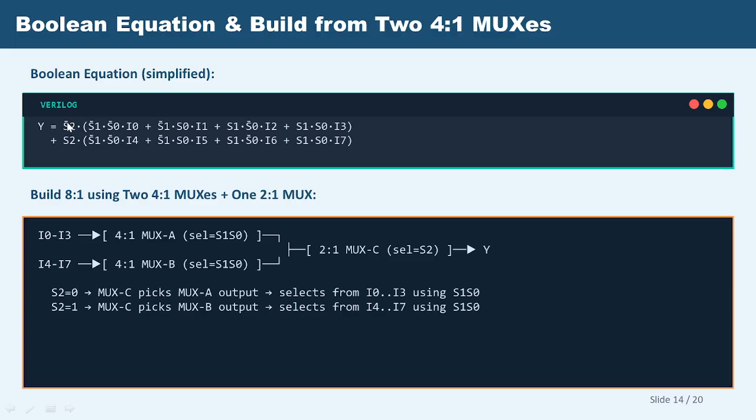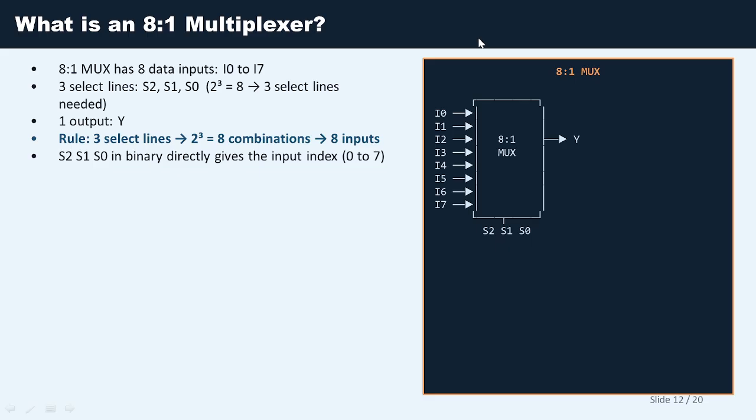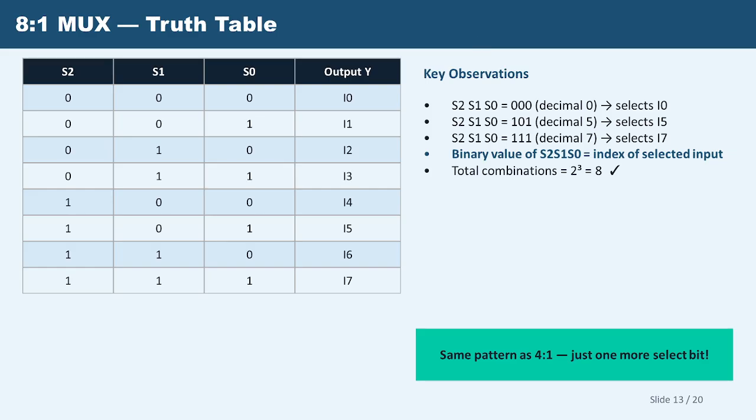If you are confused about why S2 is outside this whole bracket, you can even write it inside the bracket. Look at the truth table. What is this S2 saying? For the first four values, it is showing 0, right?